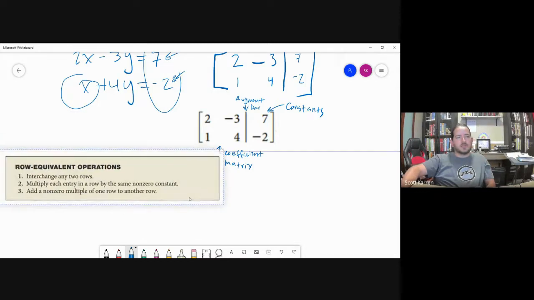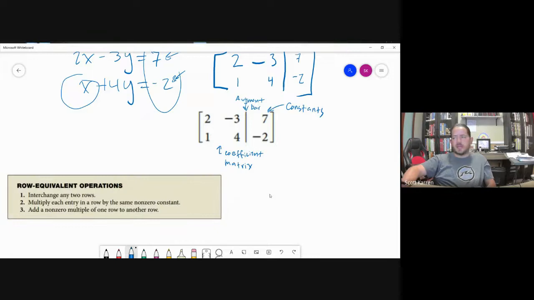We just didn't really identify them by calling them things that we can and can't do. But in a matrix, you can do these three things. You can interchange any two rows. Sometimes it's convenient to write one equation before the other. So you're just swapping the order in which the equations are.